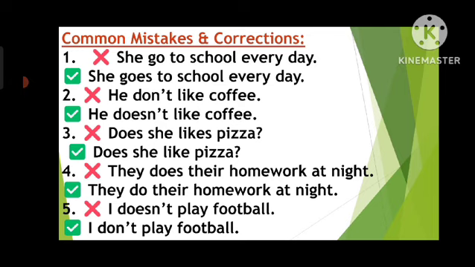Remember these small rules to avoid mistakes. With the subject she, he, it, and any singular person, we use does. And for I, they, you, plural ones, we use don't.